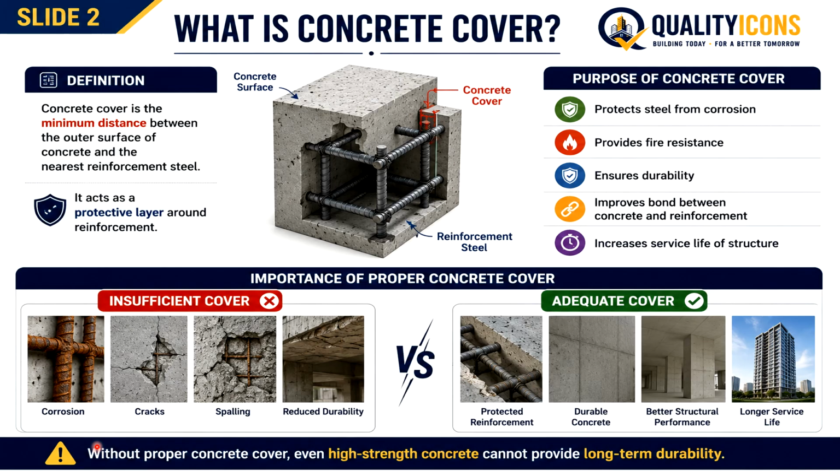Within 2 or 3 years, rainwater enters through micro cracks. The reinforcement starts rusting. See, rusting is here. The concrete begins to crack and eventually spalls. See, the spalling is here.